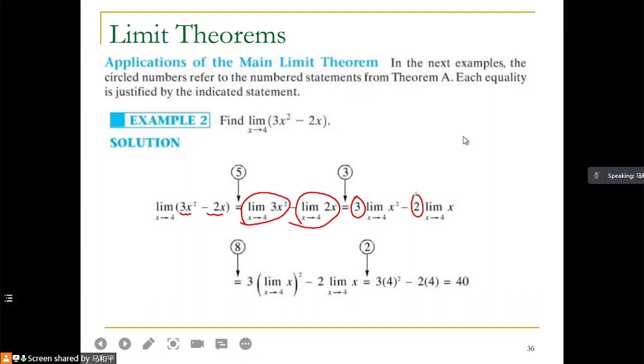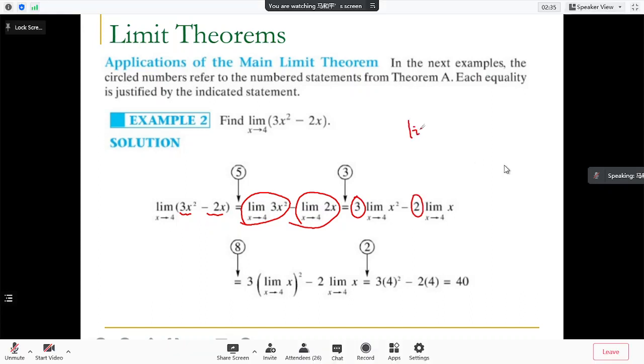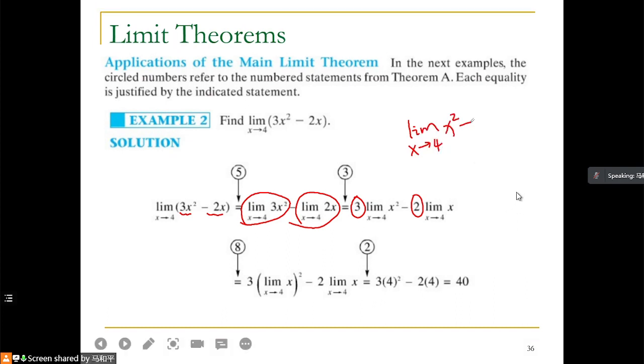And here this is x squared, the limit as x approaches 4 of x squared. We can write the limit as x approaches 4 of x, then square. First the limit, then square. Or first the square, then limit. We can change the order. So this is equal to 4 squared, and so we have 40.